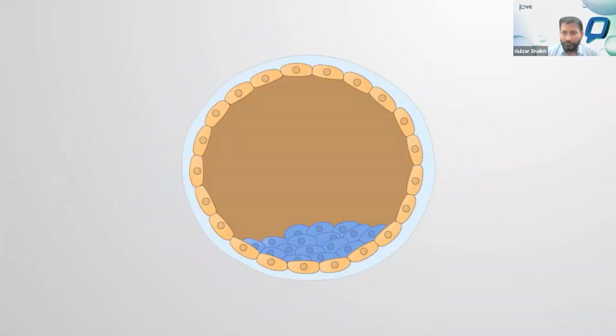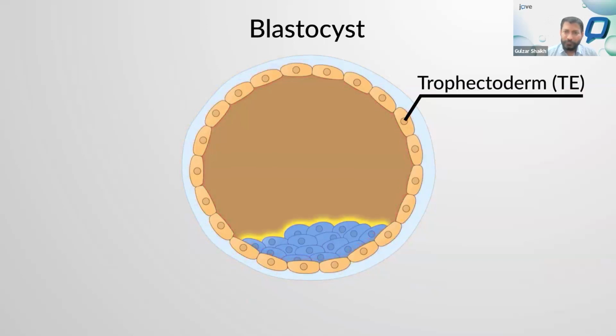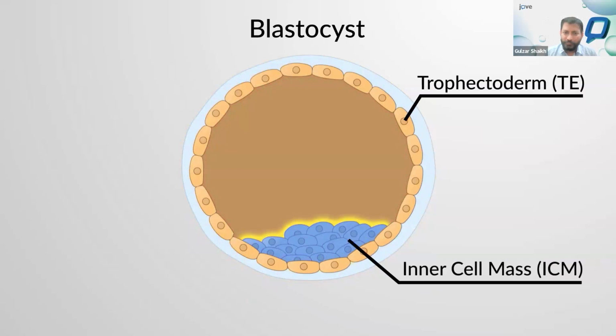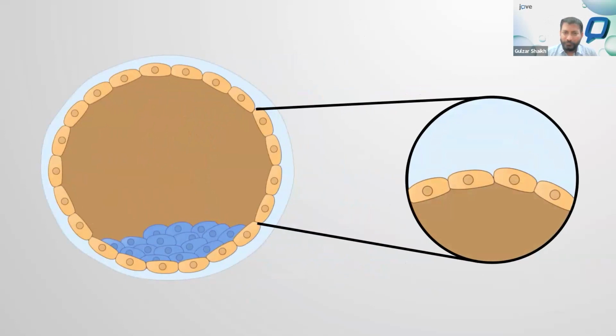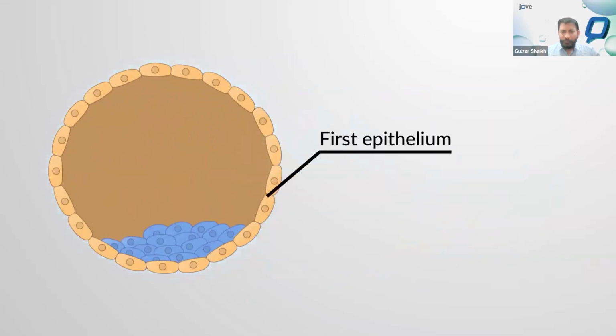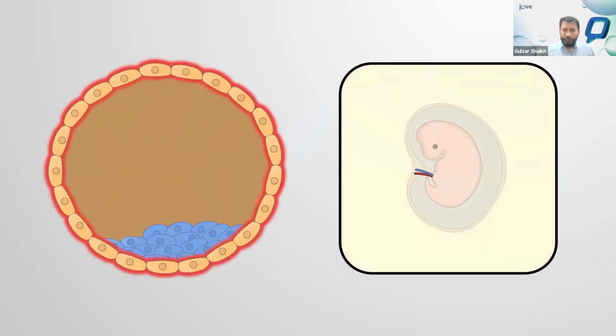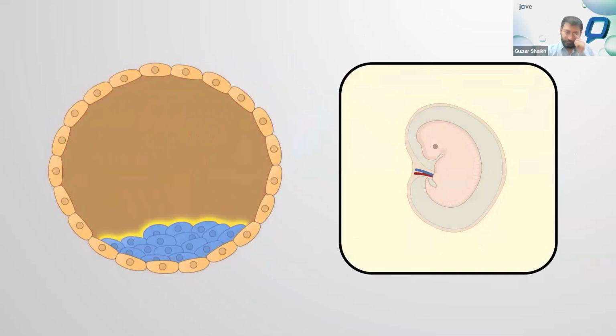The dividing stem cells form a 64-cell mass called the blastocyst, with an outer layer called the trophectoderm, or TE, and a core of loosely attached cells called the inner cell mass, or ICM. The TE comprises a single layer of cells firmly adhered to each other, forming the first epithelium. These cells later differentiate to form extraembryonic tissues, while the ICM produces the embryo.